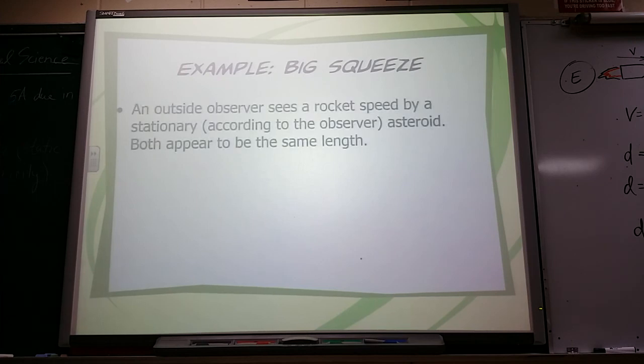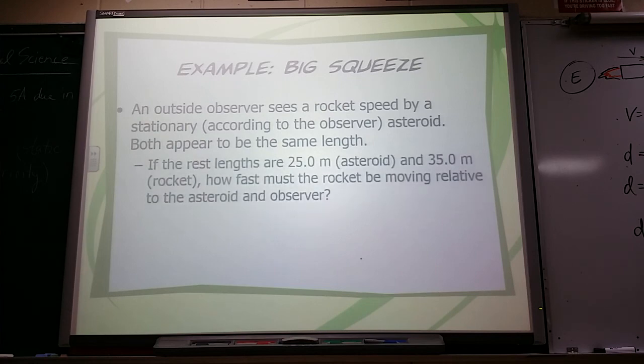An outside observer sees a rocket speed by a stationary, at least according to that observer, asteroid. Both the asteroid and the rocket appear to be the same length. If the rest lengths are 25 meters for the asteroid and 35 meters for the rocket, how fast must the rocket be moving relative to the asteroid and therefore the observer?